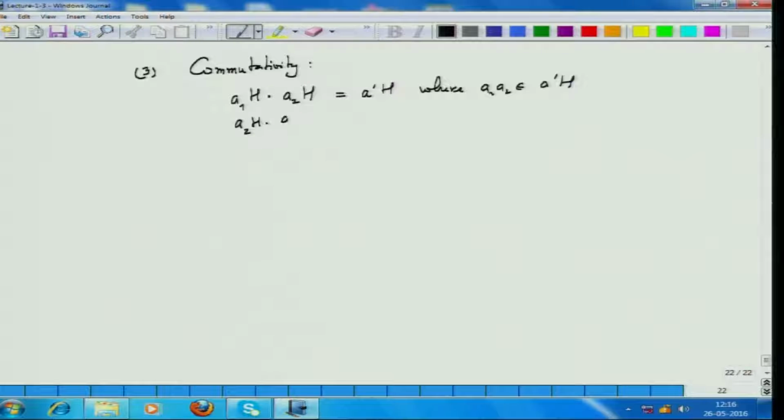A2H dot A1H is A''H, where A2A1 is in A''H, and these two together, A1A2 and A2A1, again by commutativity are the same elements. So, they both belong to the same equivalence class. So, these two equivalence classes are the same.